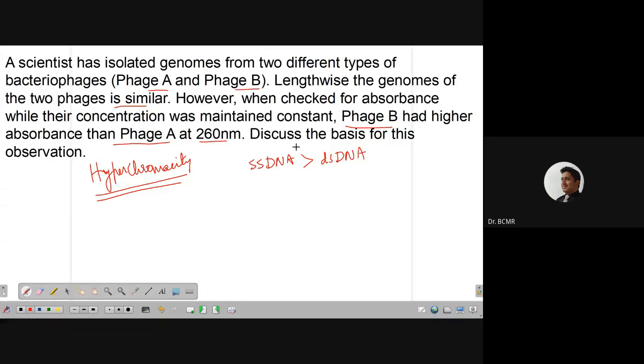So when you take an equal amount of single-stranded and double-stranded DNA, as described in this question, phage B had higher absorbance. That means the most likely thing is that phage B has single-stranded DNA. And phage A is supposed to have double-stranded DNA. It's about how you associate all the knowledge that you have learned so far and think quickly.